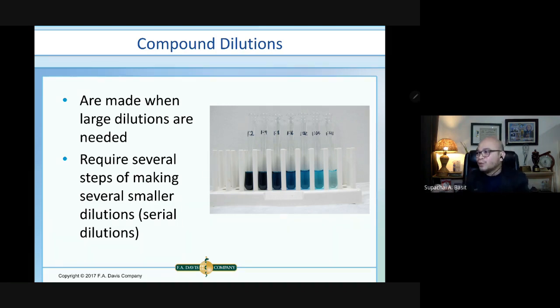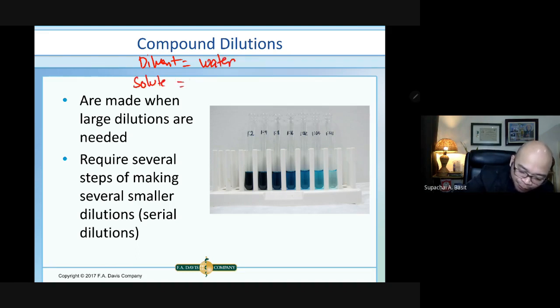Now take note that each tube here contains an amount of diluent and a blue dye. So let's say the diluent here is water, and then the solute is the blue dye.